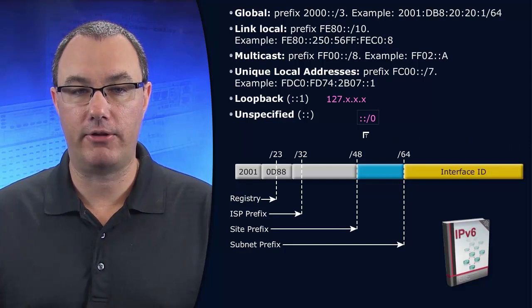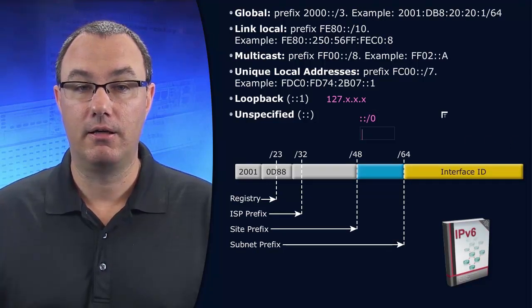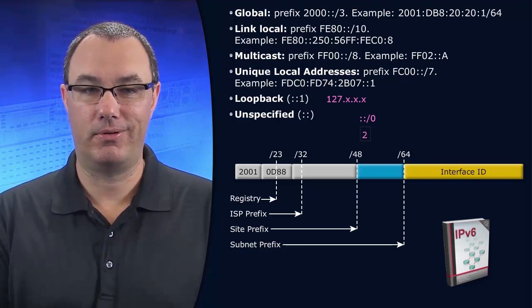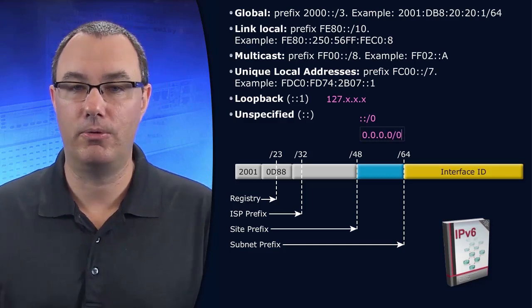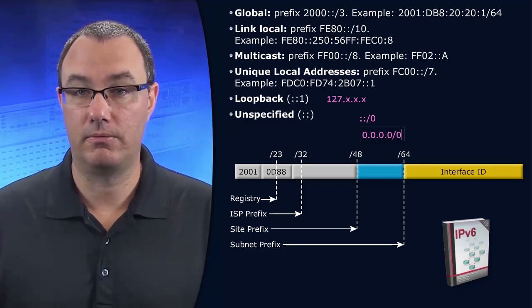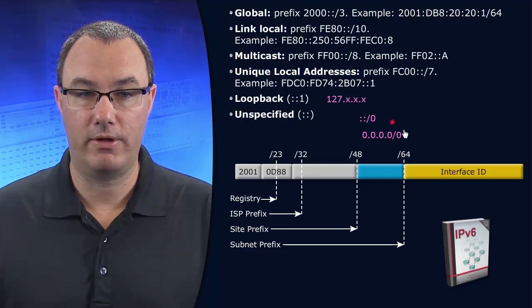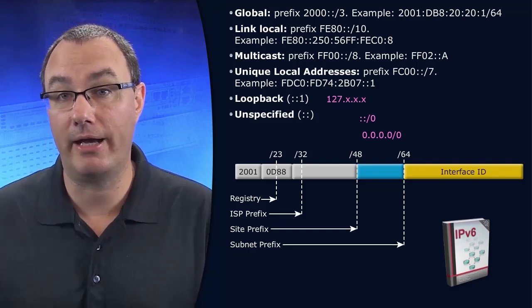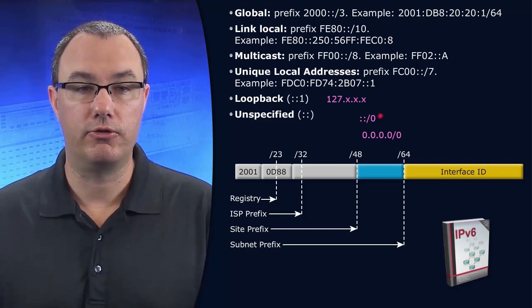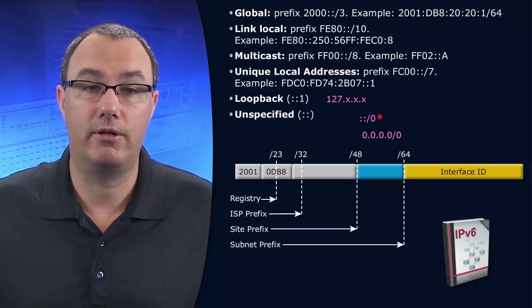Well, I'm going to write out the IPv4 equivalent, and maybe it'll make sense to you. Let's say I write out this. 0.0.0.0/0. What is that? Well, that's how we would write a default route in IPv4. So when we write a default route in IPv6, ::/0.